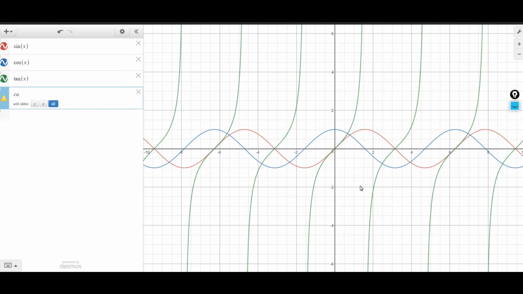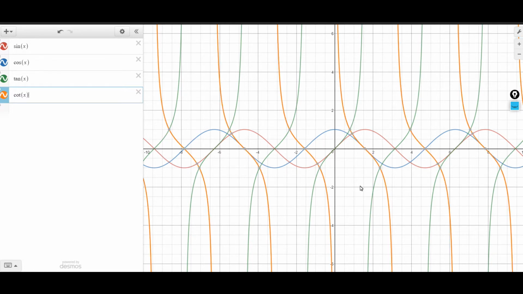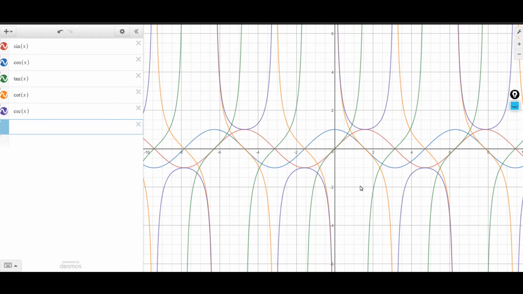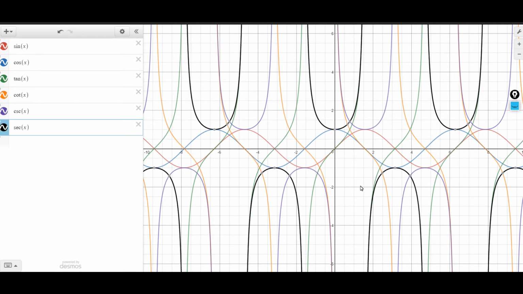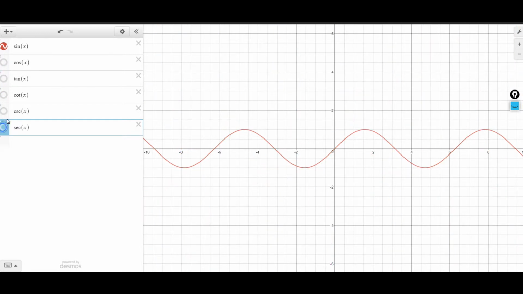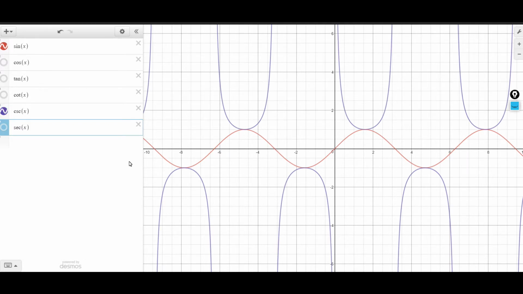And then, here's cotangent of x. We talked about that one. We haven't talked, though, about cosecant of x or secant of x. So you got a lot of stuff going on here. Let's take off everything else except for sine and cosecant. That's kind of weird.